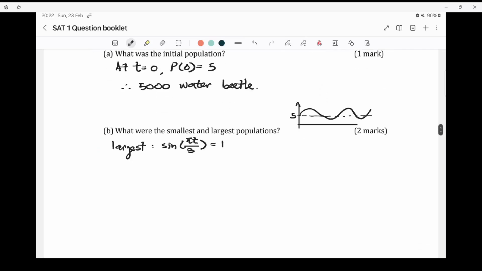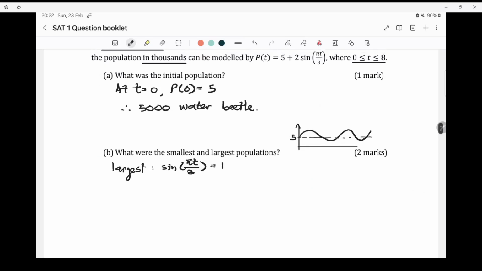So when will that happen? Essentially this happens when pi t over 3 equals pi over 2, because remember that when sine of 90 degrees or pi over 2, it gets 1.